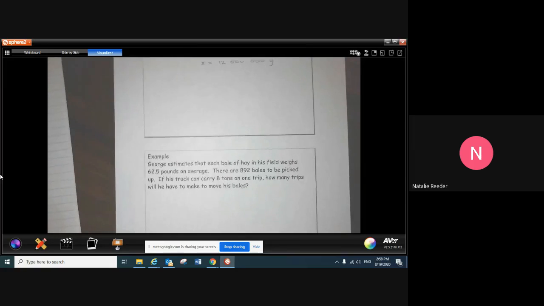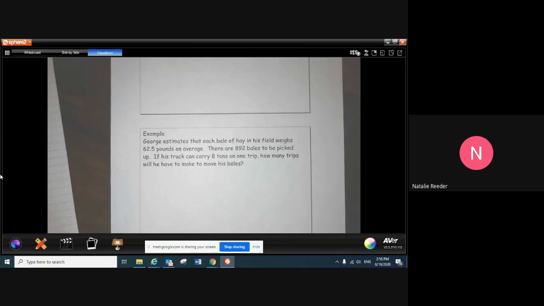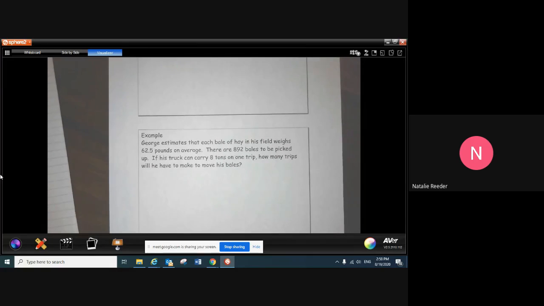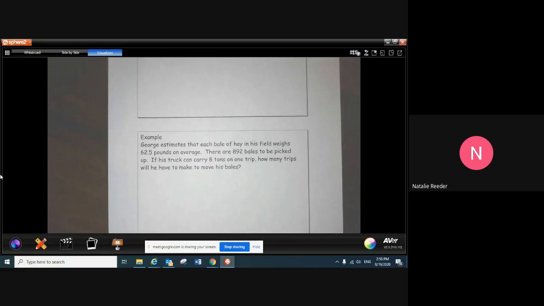All right, now here's a little word problem. George estimates that each bale of hay in his field weighs 62.5 pounds on average. There are 892 bales to be picked up. If his truck can carry 8 tons on one trip, how many trips will he have to make to move his bales?